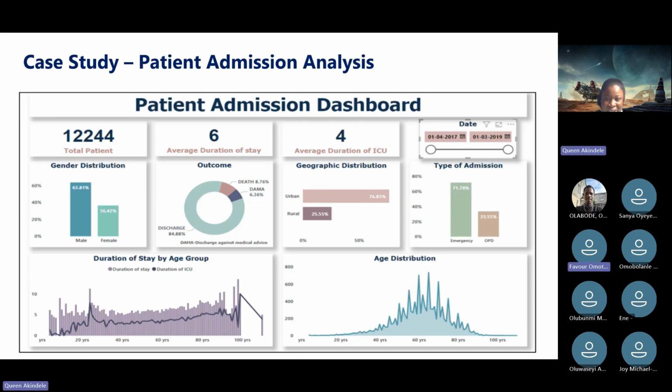And then the age distribution: how often do these people come in? That's what I get from the age distribution. So thank you all, and I hope my insights from the dashboard were valuable to you.